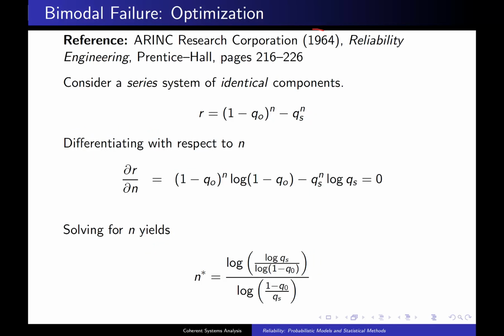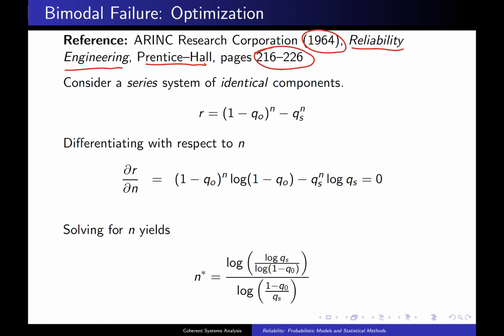Back in 1964, in one of the very early reliability books out there, published by Prentice Hall, they spend a good 10 or 11 pages here on looking at optimization.